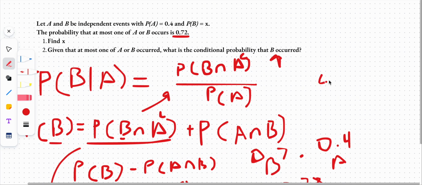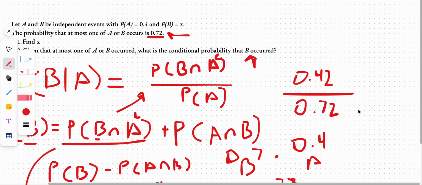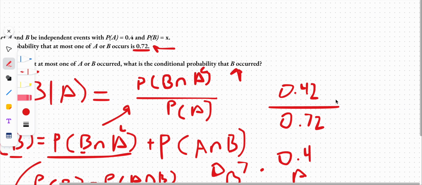Now that we have 0.42, we can just divide that by 0.72, and unfortunately I'm not a calculator, but I think this turns into 7 over 12.